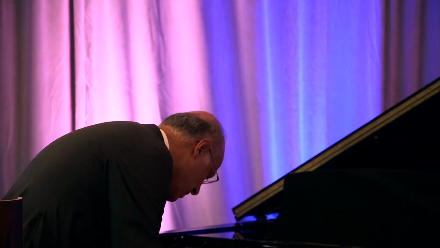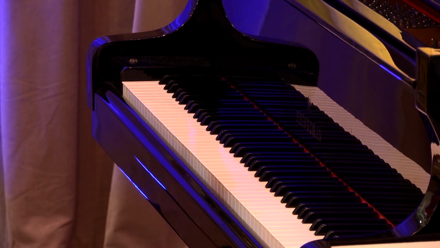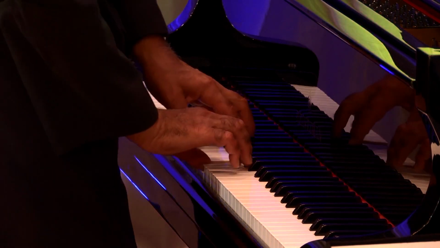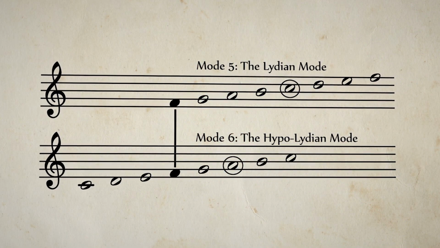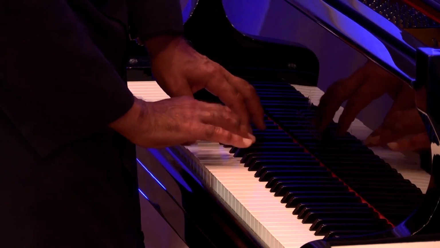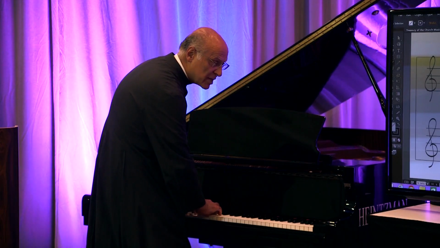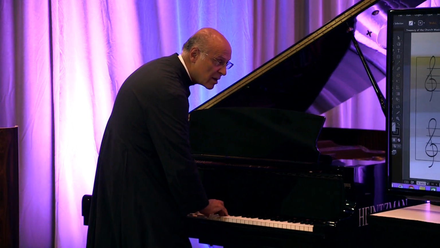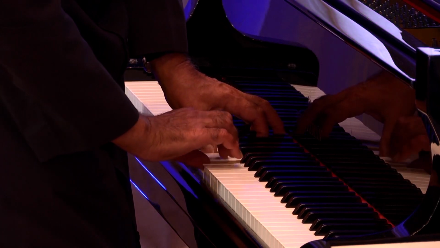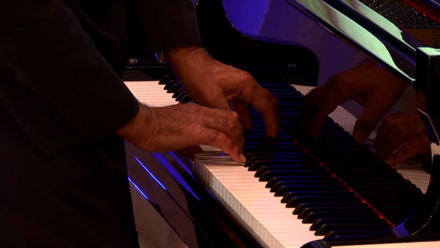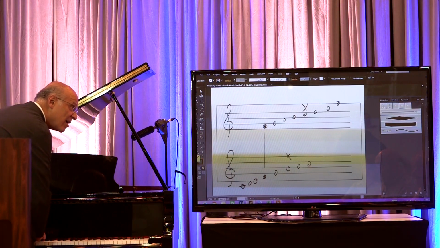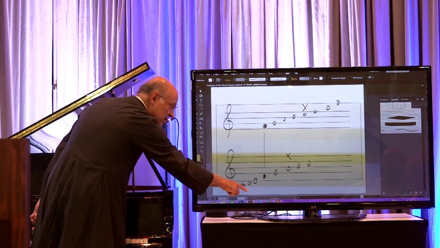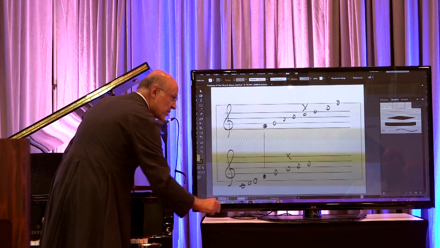Now, let me play for you the Lydian mode. And so the scale is those extra notes down there, coming back to cadence here.